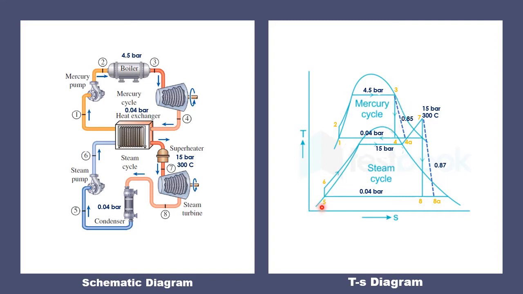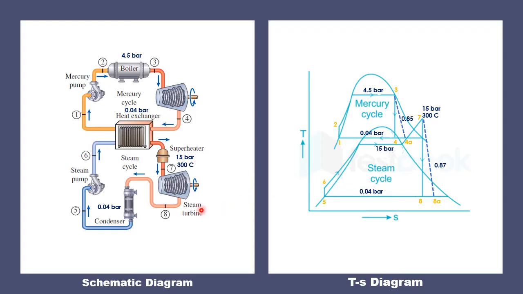And the bottom cycle consists of process 5, 6, 7, 8. It consists of the steam cycle operating at 15 bar pressure for this mercury condenser, which serves also as the boiler of this steam cycle. That's why we have 15 bar upper pressure and 0.04 bar lower pressure for the steam cycle.